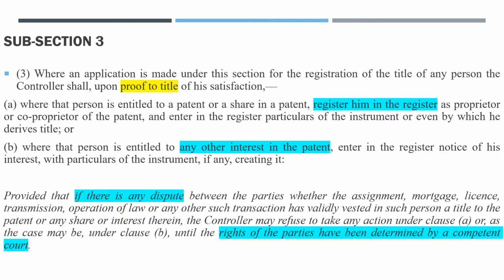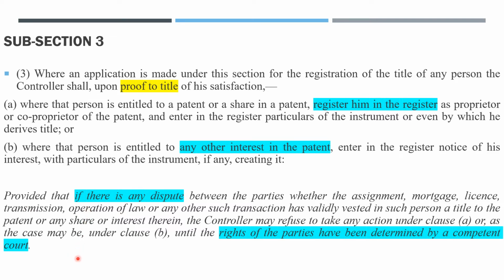Or second point, that is related to clause B. The person entitled to any other interest in the patent must enter the notice of his interest in the register and the particulars of the instrument as well. Now the condition here is given as provided that, and that is explained like this.